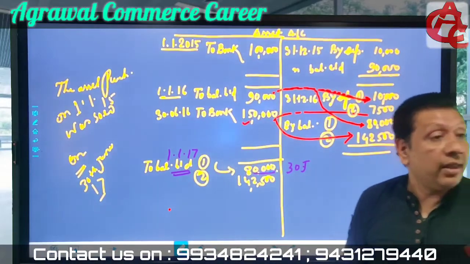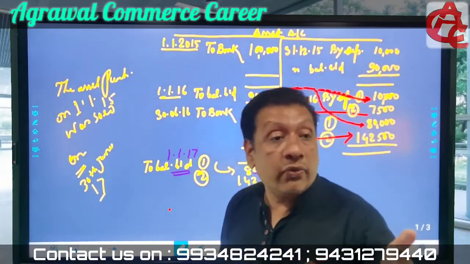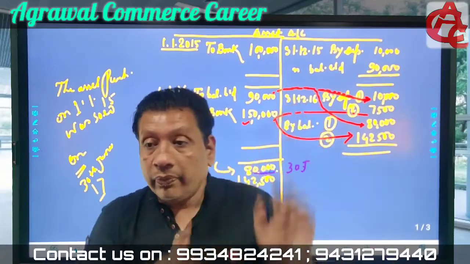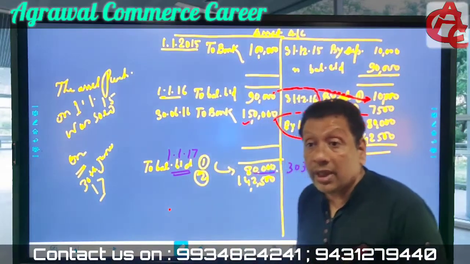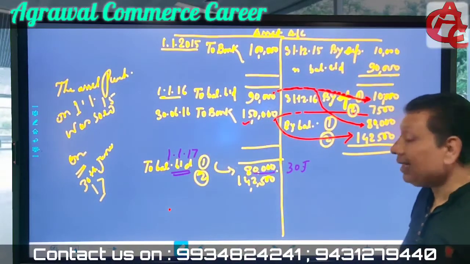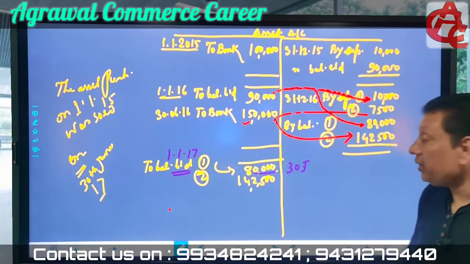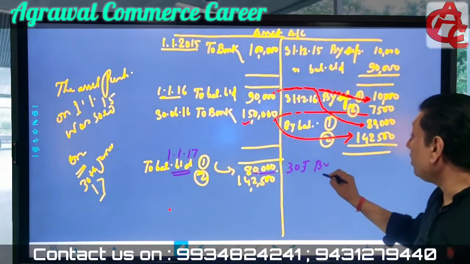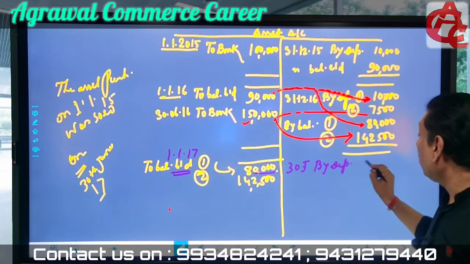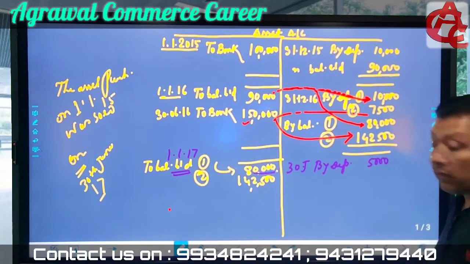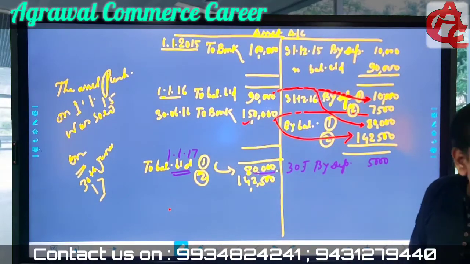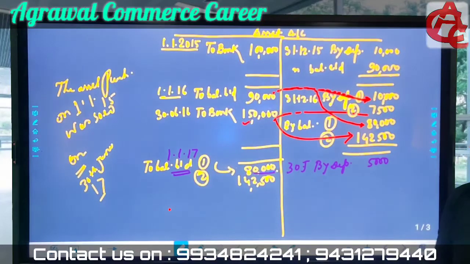So in the year of sale, it is still used for 6 months. Depreciation will be charged, 5,000. And if SLM is used here, depreciation will be charged at 5,000. Is it clear? Yes, sir.